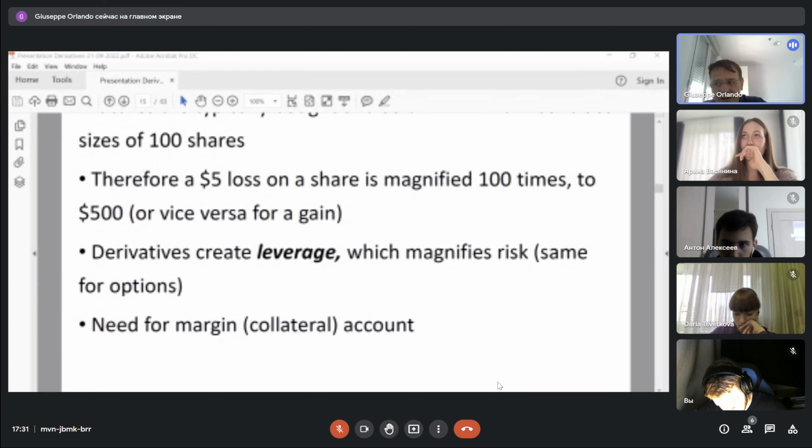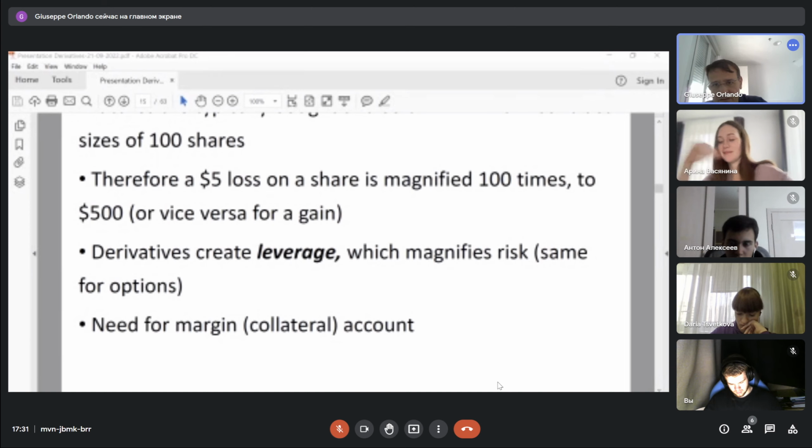If you buy 1,000 securities, you have to multiply 20 times 1,000. Then you have the risk in one case for one security, in the other case for 1,000 securities. But if you have a derivative, then you are exposed to 1,000 securities.